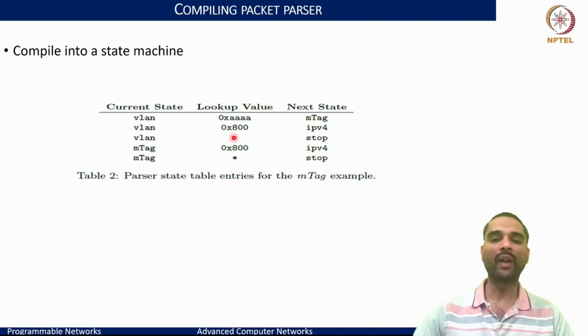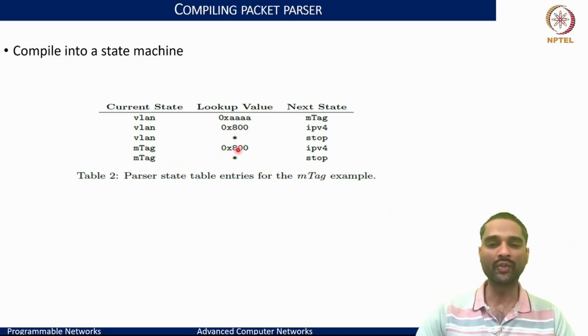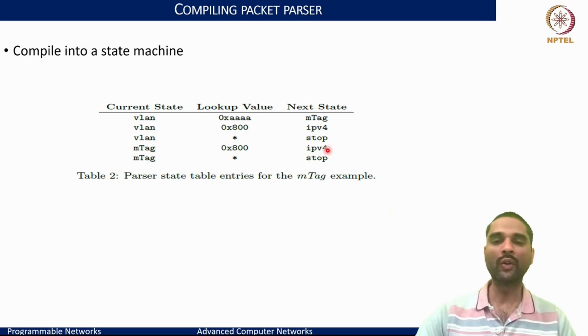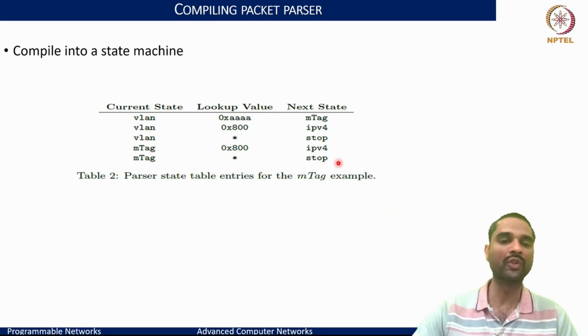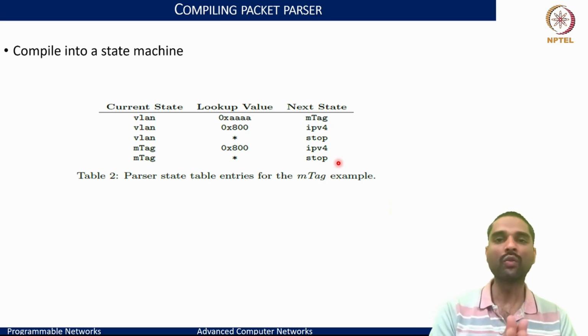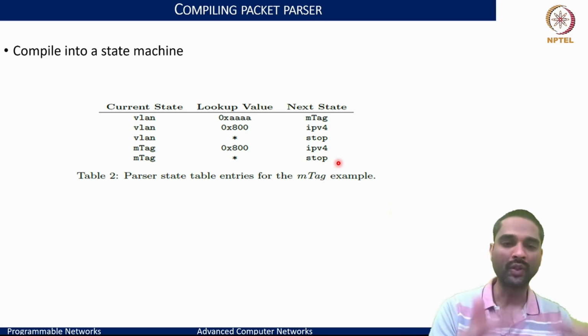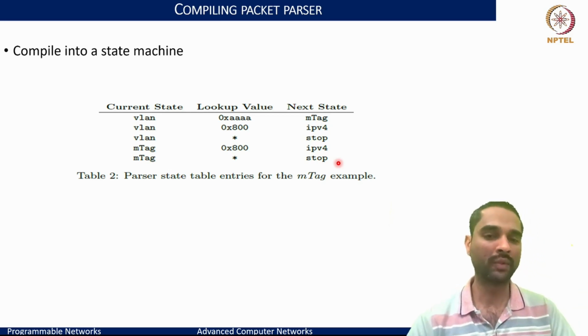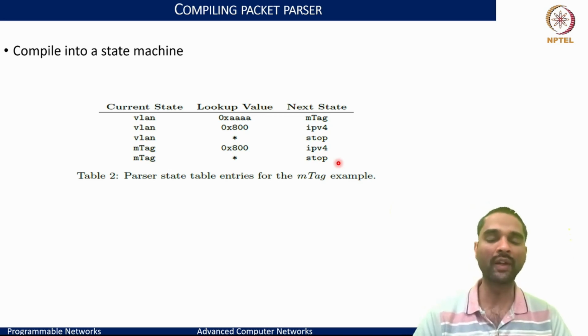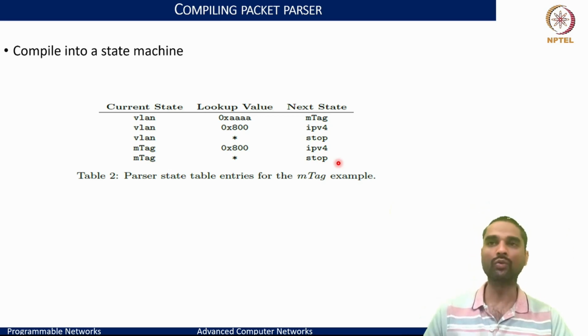If we are in the mtag and we see that there is an IPv4 as the next header, with 0x800 as the lookup value, we would go ahead and do the IPv4 processing. And if there is an mtag and the lookup value happens to be anything other than 0x800, then again we have hit an error and we stop. This is how our packet parser, once we compile, works: these are the set of possible states and the expected values that we can match and try to do the processing.